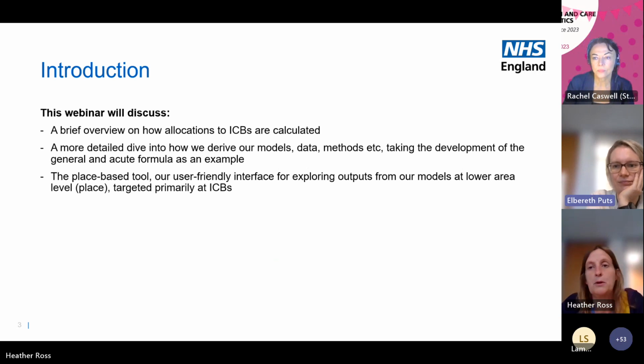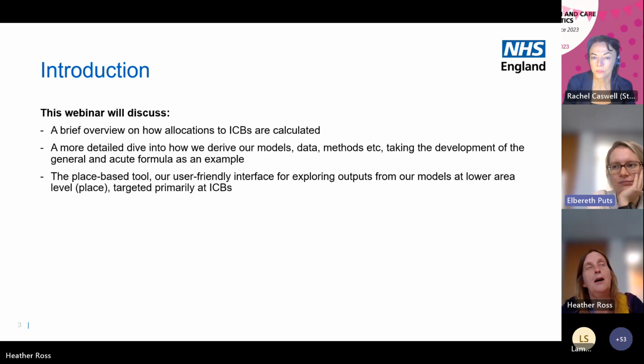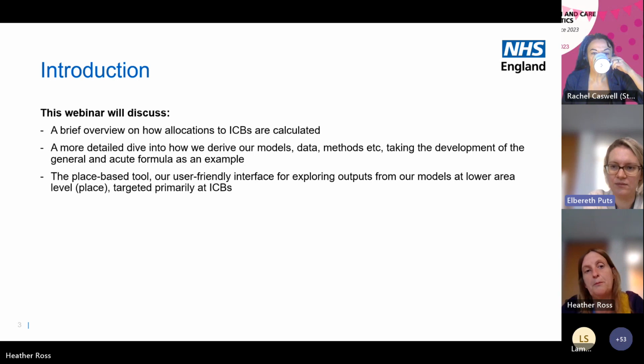So just to give a brief overview of what we're going to talk about. I'm Heather Ross, the senior analytical lead for allocations within the Analysis and Insight for Finance team. I'll give a brief overview of how we calculate the ICB allocations.